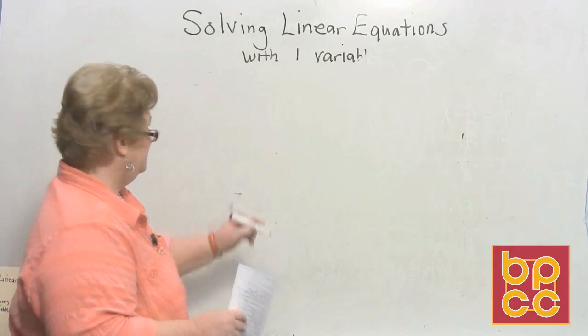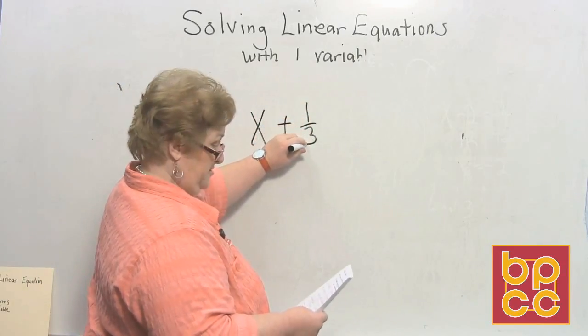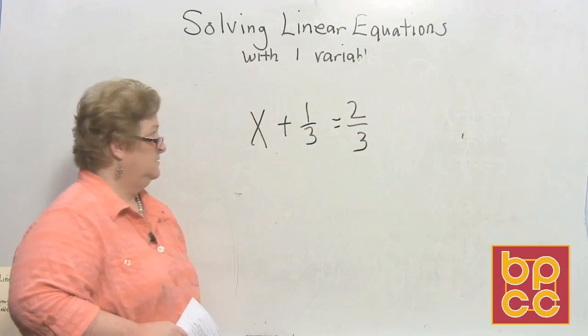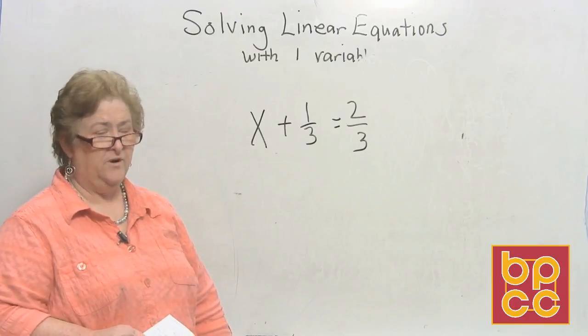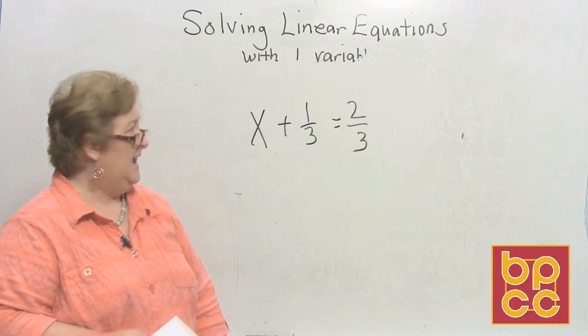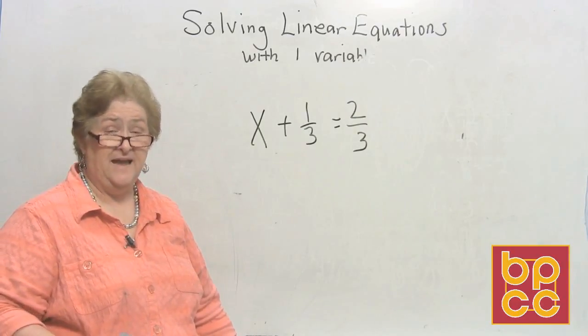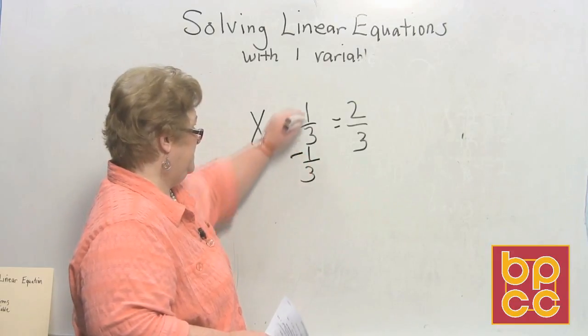Okay, I think we shall do x plus 1/3 equals 2/3. Now everybody gets crazy when they see fractions because they're afraid something horrible is going to happen. We're going to do the very same thing we've been doing. I want to tell the 1/3 to move to the other side. How do I do that? Adding the opposite. So I'm going to take away 1/3 to clear him out.